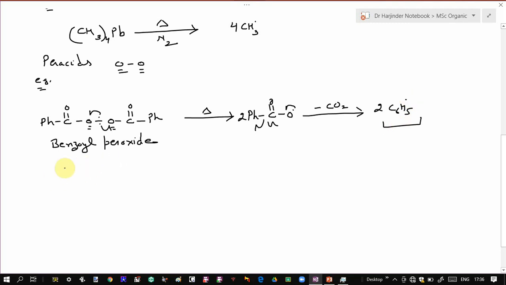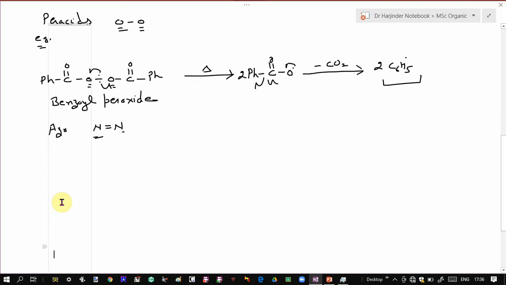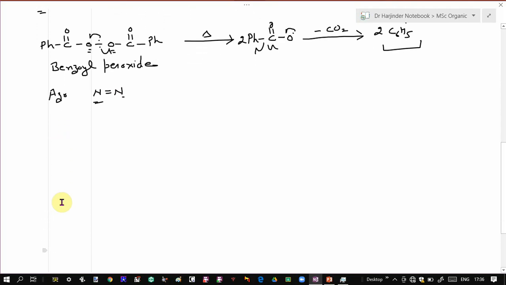Similarly, there are some other compounds. For example, they can also be generated by thermolytic reaction of azo compounds. Now, what are azo compounds? They contain a nitrogen-nitrogen double bond. So both have the same electronegativity, so they can also undergo a homolytic bond cleavage to give rise to free radicals.